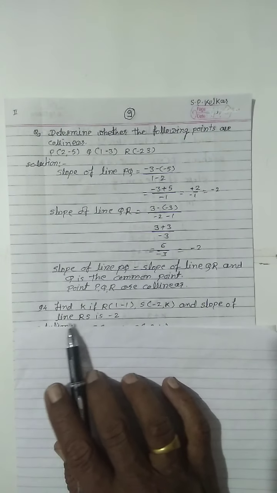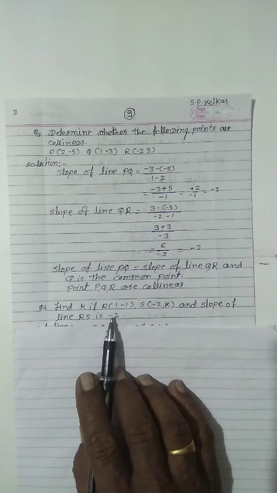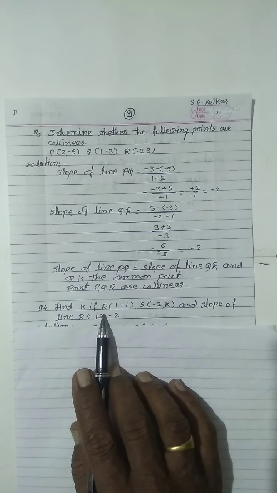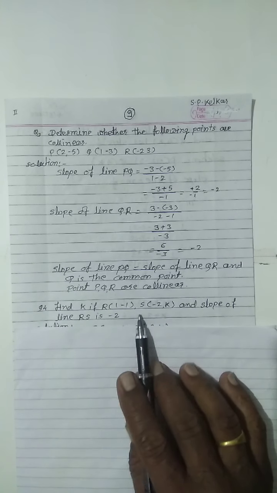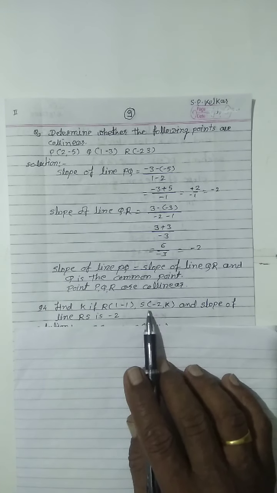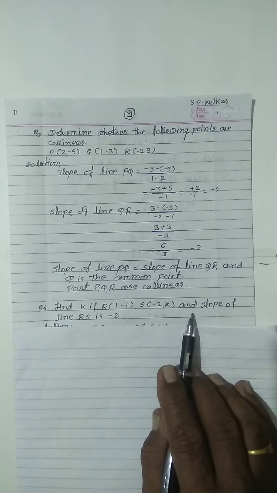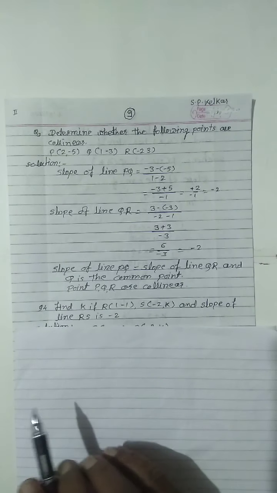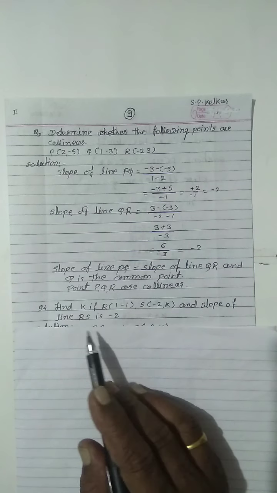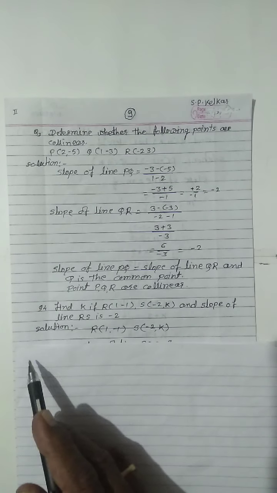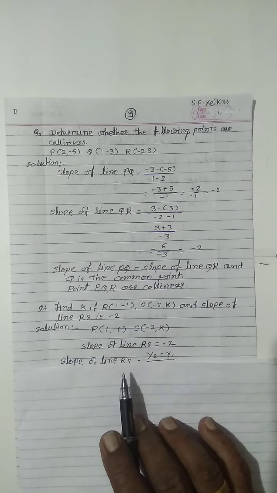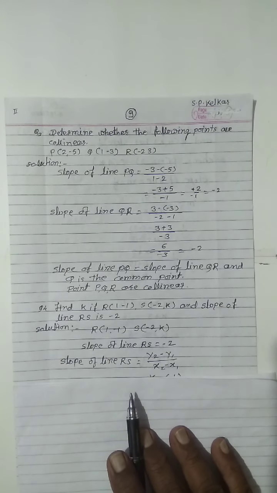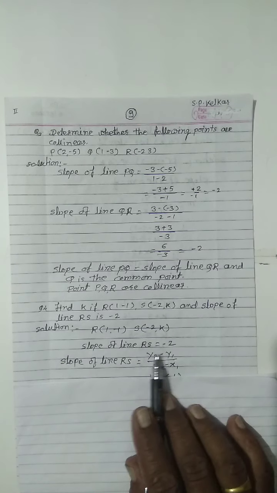Now see question number 4. Find K if the coordinates of point R are 1, minus 1 and the coordinates of point S are minus 2, K, and the slope of line RS is minus 2. Find the value of K. Then I write the slope formula, y2 minus y1 divided by x2 minus x1, but the slope of line RS is already given as minus 2.